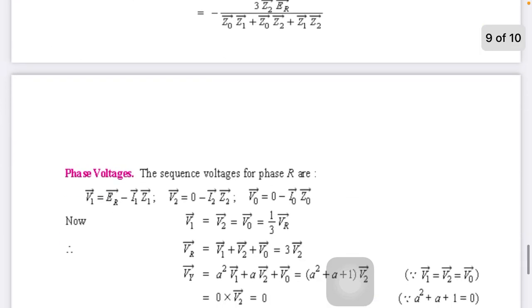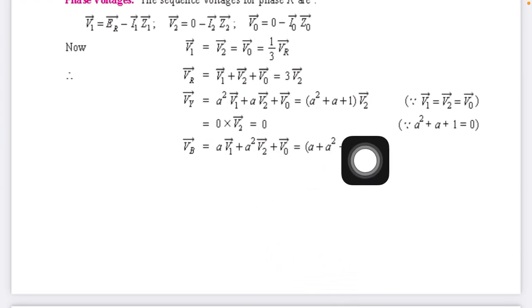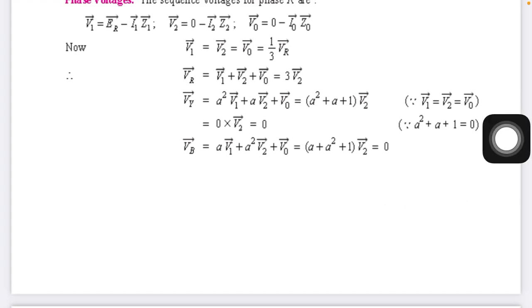For the phase voltage, we know VR is equal to V0 plus V1 plus V2, equal to 3V0. Here V1 is equal to V2 is equal to V0. So VB is equal to a into V1 plus a square into V2 plus V0, which is equal to a plus a square plus 1 whole.